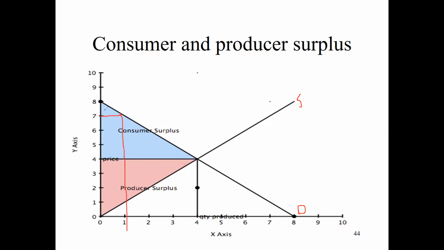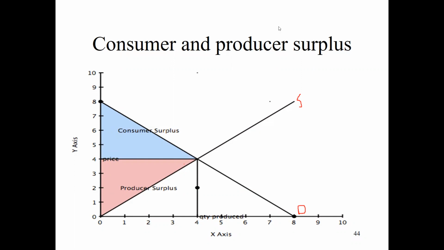Those consumers were willing to pay 7, they paid 4. Willing to pay 6, they paid 4. Willing to pay 5, they paid 4. Willing to pay 4, they paid 4. All that is consumer surplus. Those people were willing to pay more than the $4.